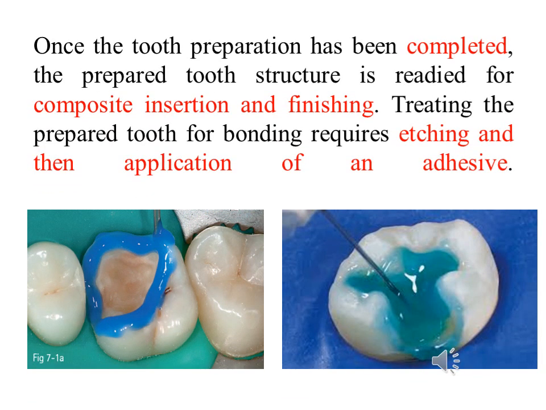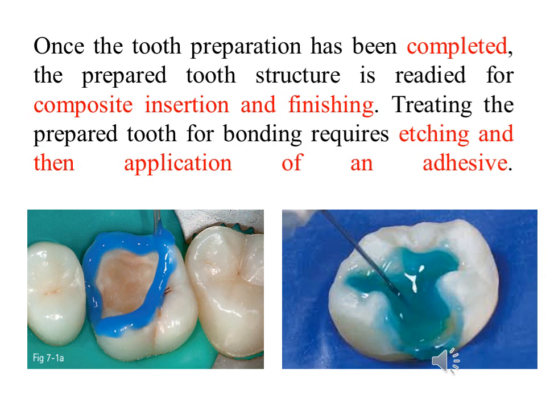So after we finished the shade selection, we pass to another step, which is the acid etching, preparing of the tooth structure for accepting the restoration. Once the tooth preparation has been completed, the prepared tooth structure is ready for the composite insertion and finishing.